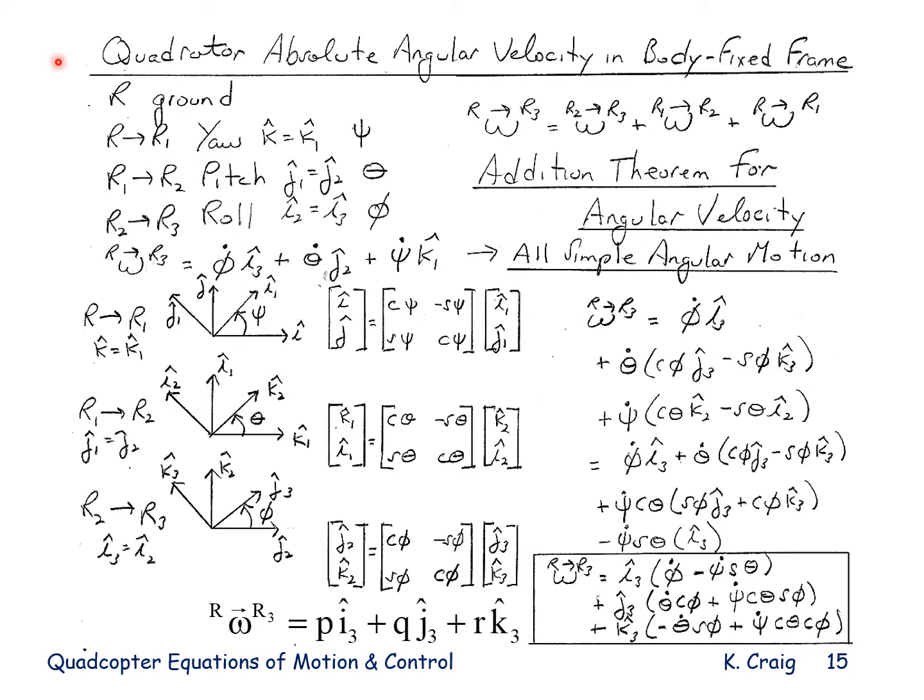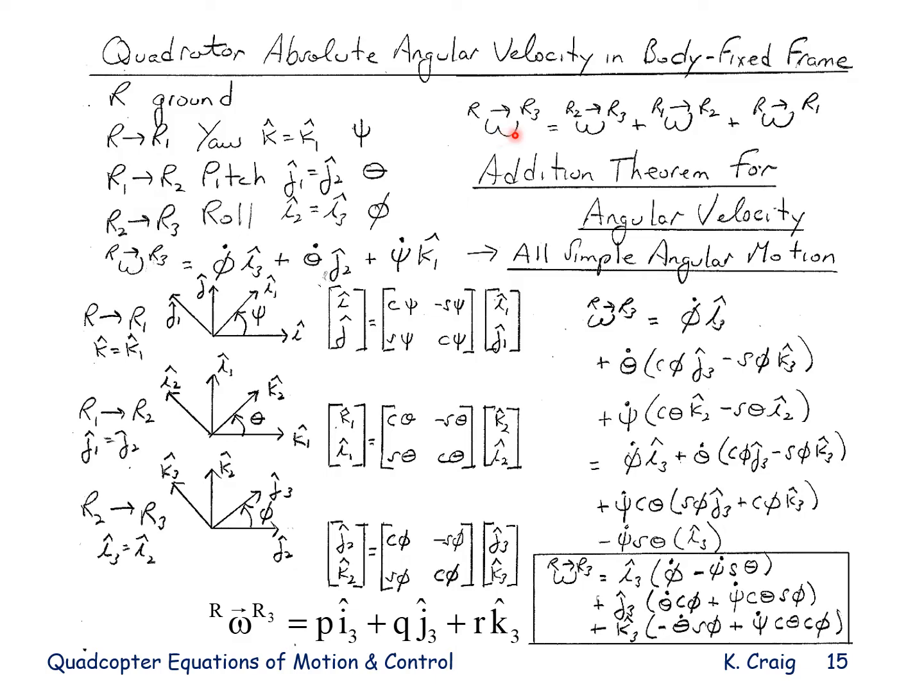We need to express the quadrotor absolute angular velocity in the body fixed reference frame. We need the absolute angular velocity, as that is what is required for our equations of motion.